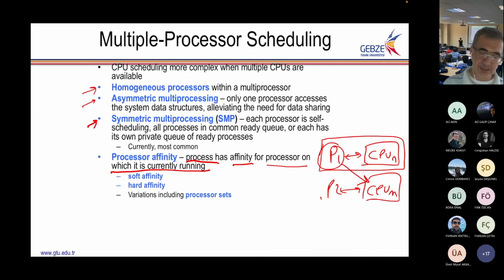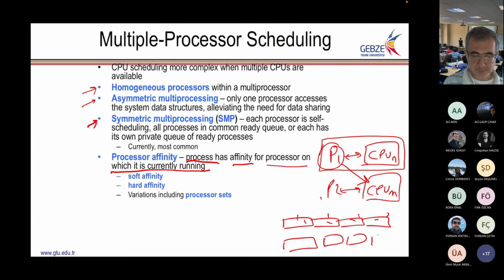When you are doing scheduling, you should consider time slices, right? Regular P1, P2, P3, P4, plus the cost of switching one process to another processor, to another core, also must be calculated. The cost must be calculated.